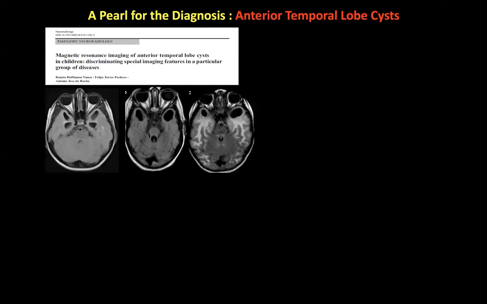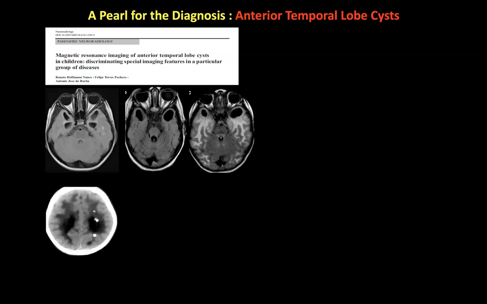Now let's focus on these findings of the anterior temporal cyst. We can have anterior temporal cyst with a bunch of lesions. What I like to do is to focus on this finding, anterior temporal cyst, and add other associated findings like head circumference, presence of calcification, and so on, and try to figure out the differential diagnosis. If you have a small head and periventricular calcification and the child is deaf, think TORCH infection like cytomegalovirus.